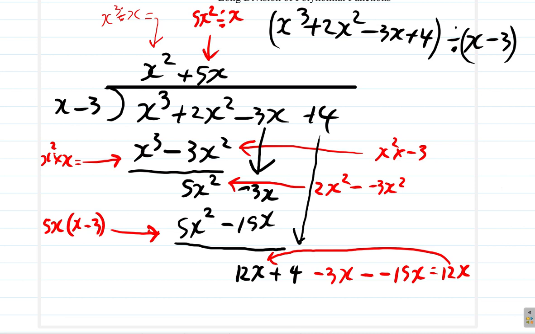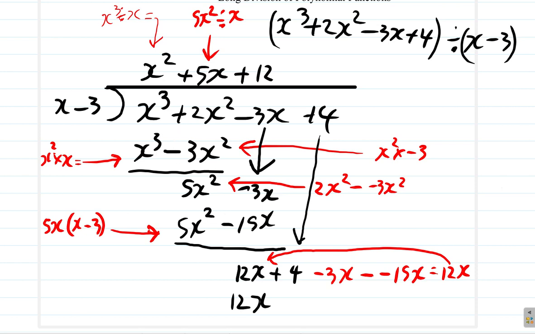Then we say x into 12x. How many x's do you have in 12x? It's 12. 12 times x goes, and you have 12x. And notice, you line up x cubed with x cubed, x squared, and so on. And you put them below.